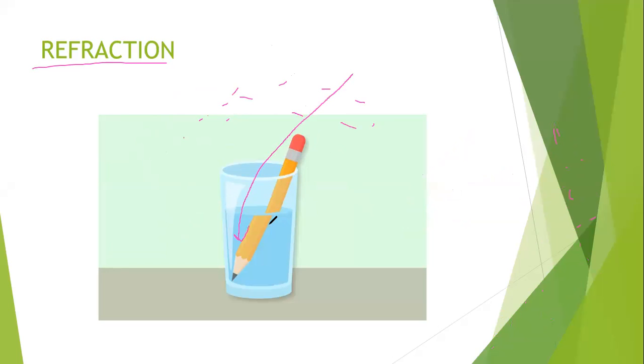Due to this bending, you see the image different from the real image. This is the real image here. The real image should be formed here, but you will see the pencil a little bit upward. This is the apparent image because of the refraction of the light.